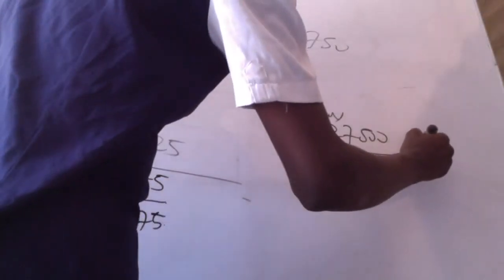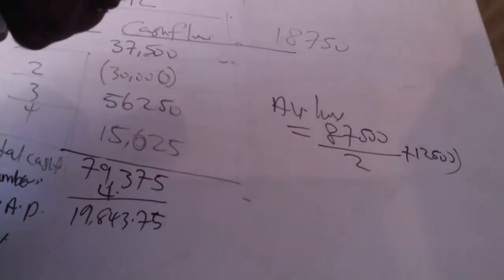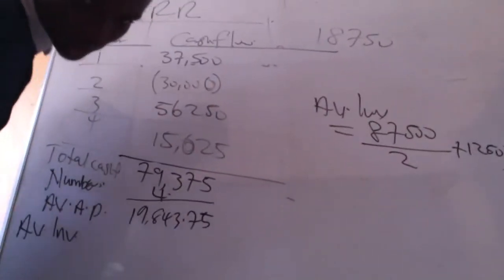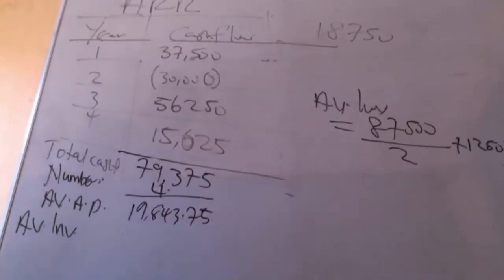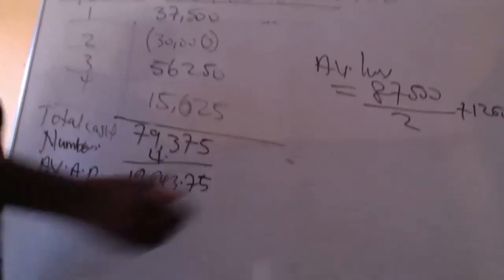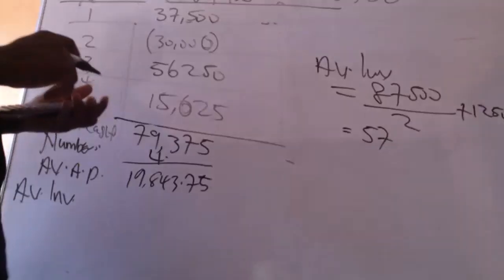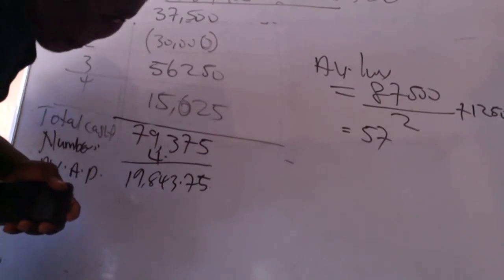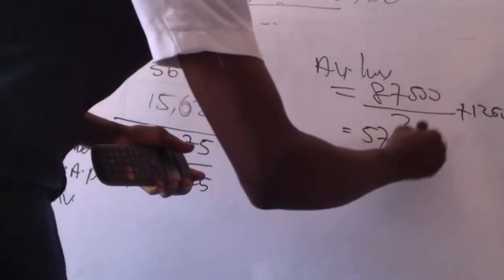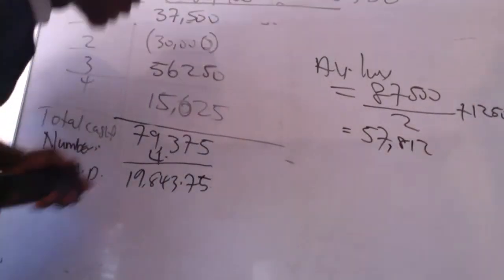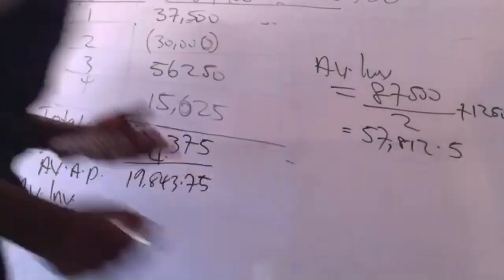Plus the 12,500. So what do you get? The answer there, 57,812. I think that's correct. 57,812.5.